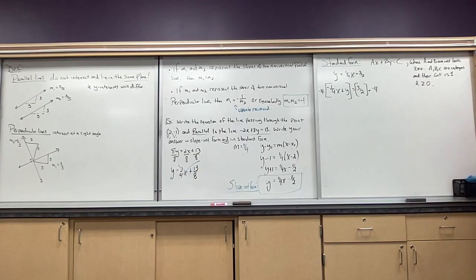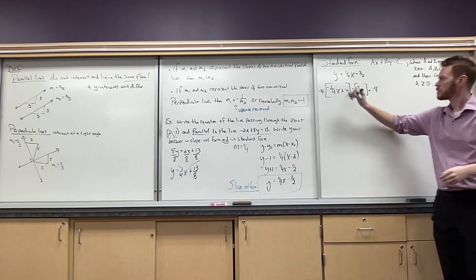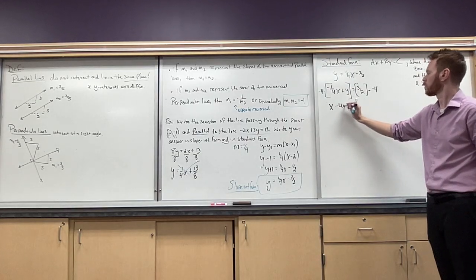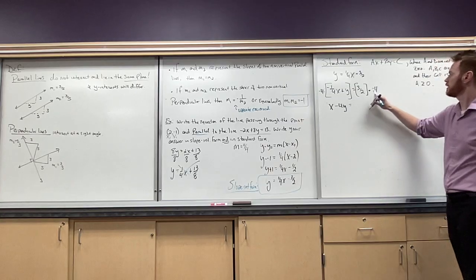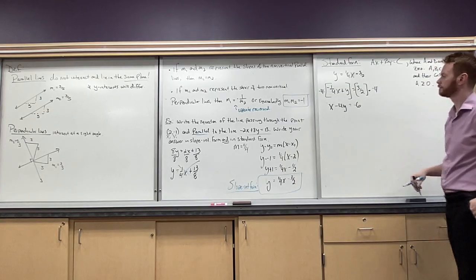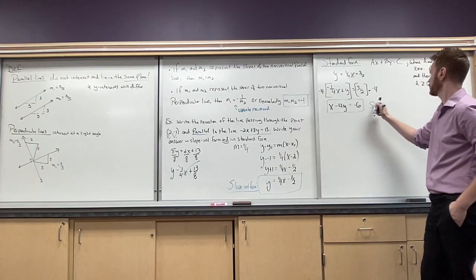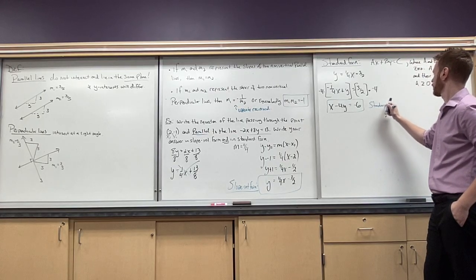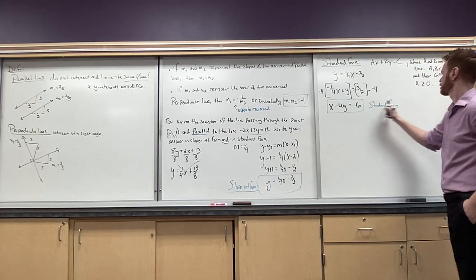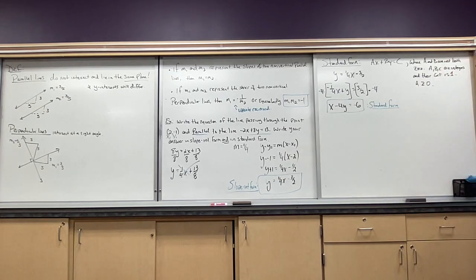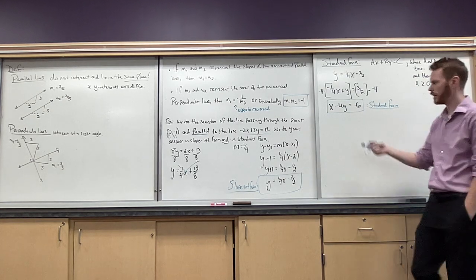So I'm doing it all in one step. This becomes x minus 4y equals -6. So this is my standard form.